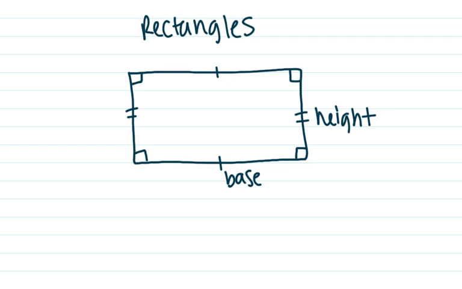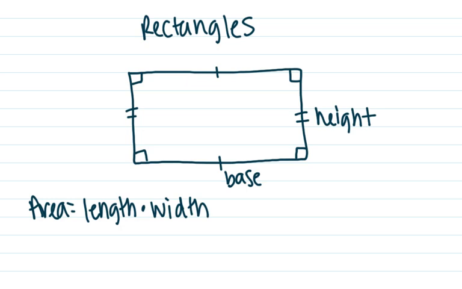So the area formula for this, you may have heard it differently. In fifth grade and in younger grades, your area formula is usually area equals length times width. Now you may have noticed I didn't label length and width on this shape, because here in sixth grade, we start to change the words up a little bit.